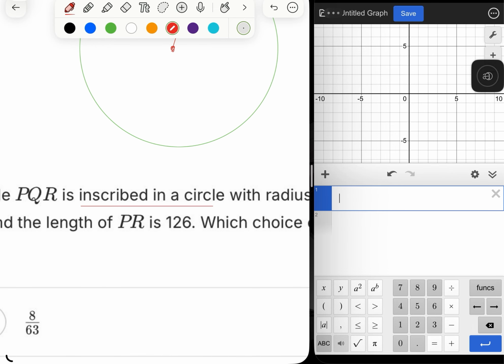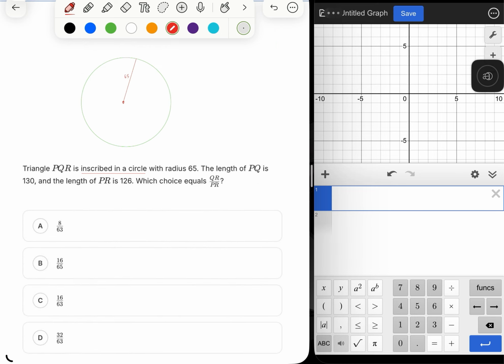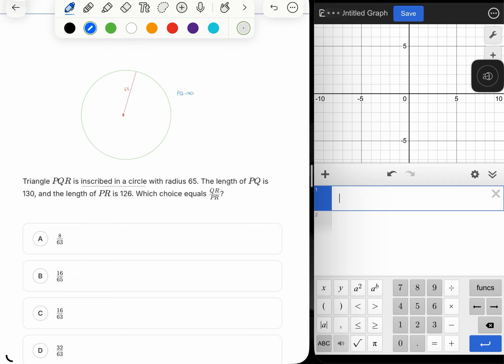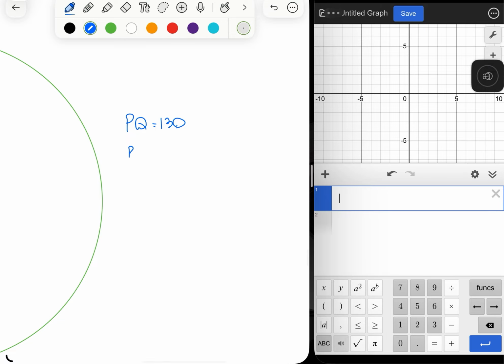Remember, inscribed means that all vertices of the triangle touch the circle and that the triangle is inside the circle. The length of PQ is 130, and PR is 126.